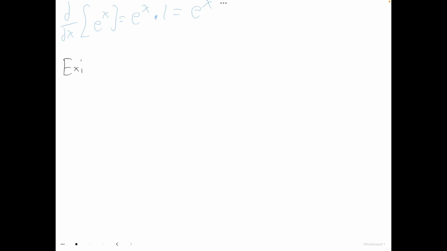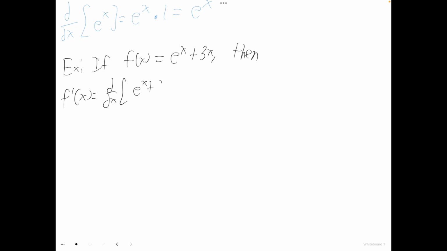Just to make this a little clearer, if f of x is the function e to the x plus 3x, then the first derivative is the derivative of e to the x plus the derivative of 3x.